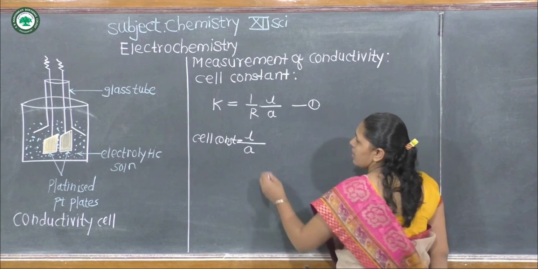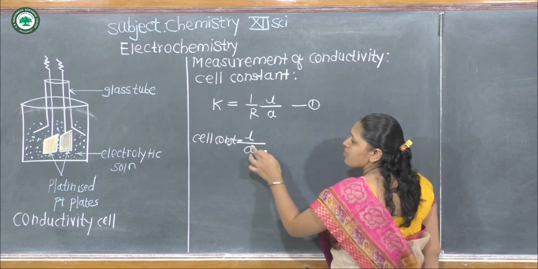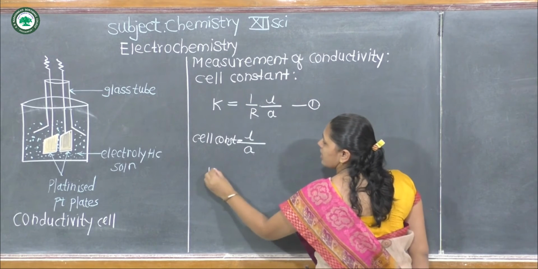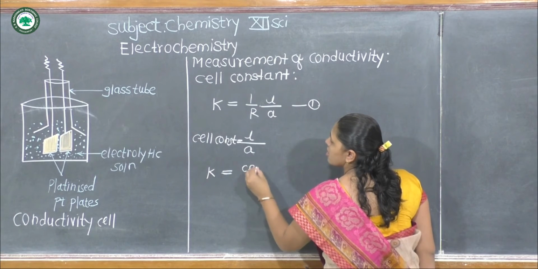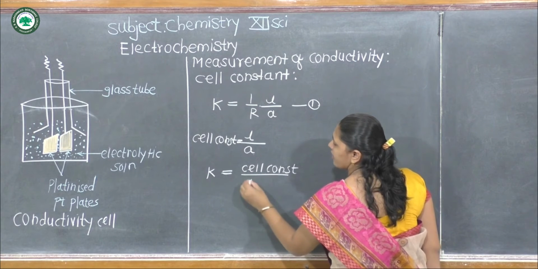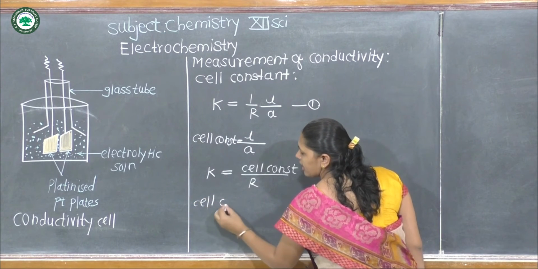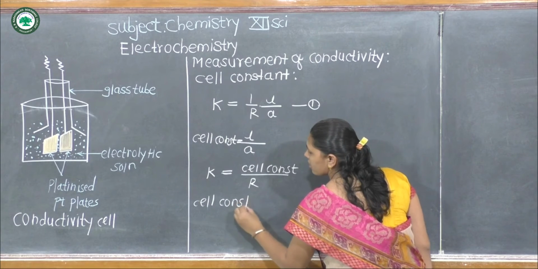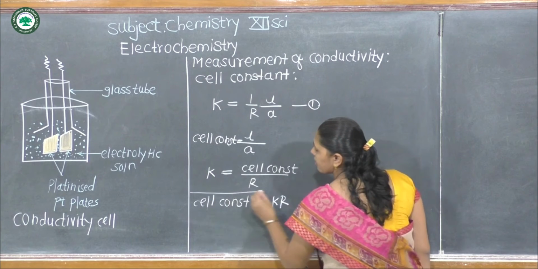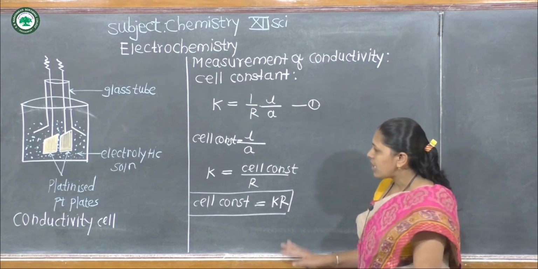Thus, if we substitute the value of cell constant, l upon a, in equation number 1, then K is equal to cell constant upon R. Another equation for cell constant is cell constant equal to K into R. By this formula, we can also calculate cell constant.